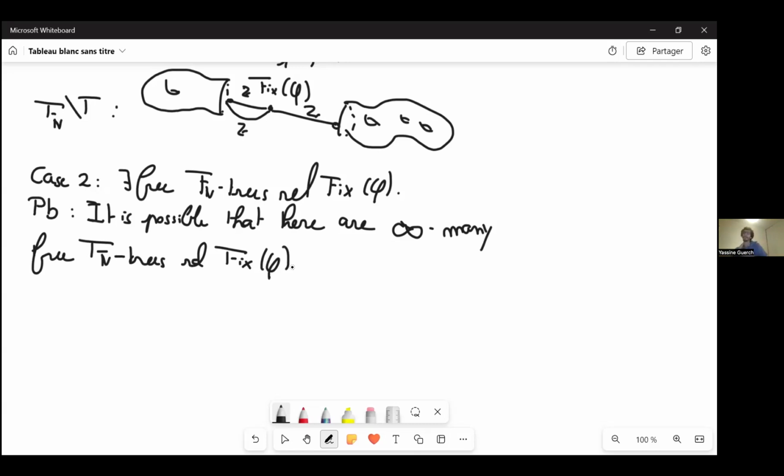And the point is, we will try to find a canonical Fn tree relative to Fix(phi).